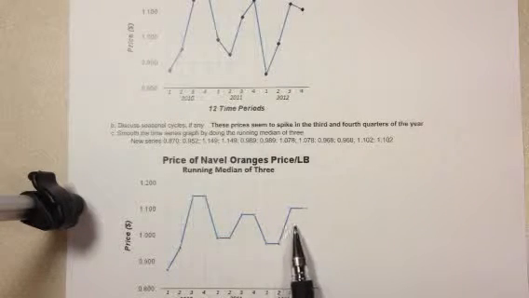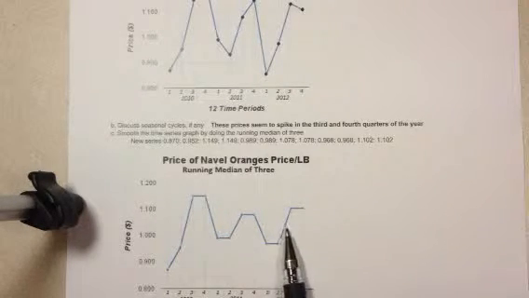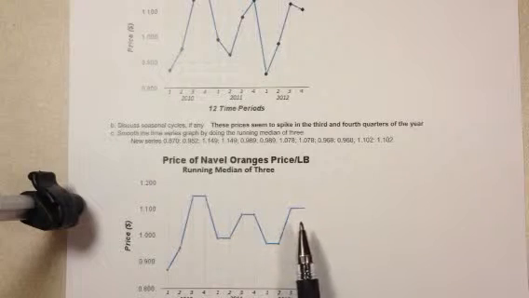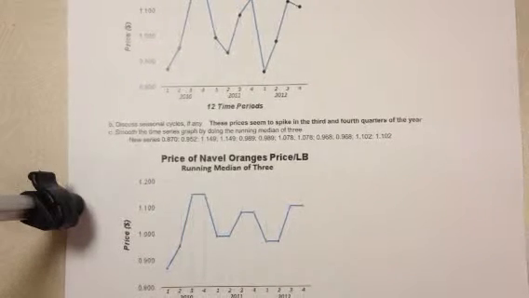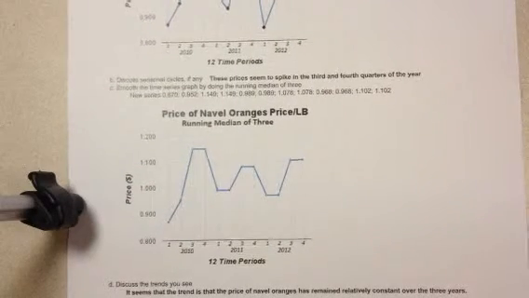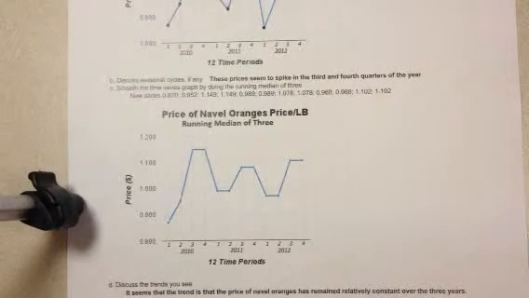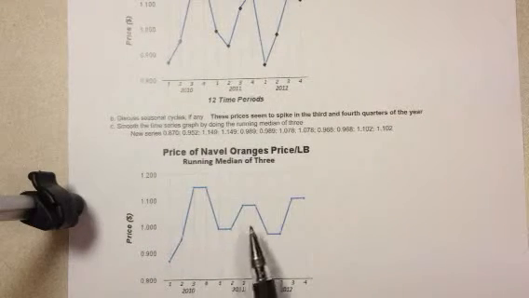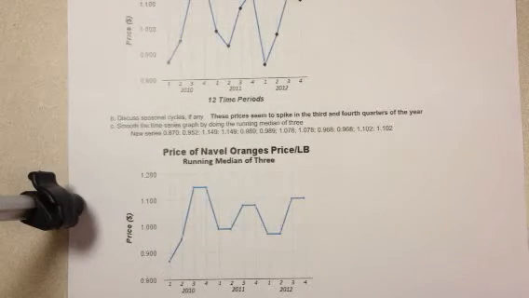There are ups and downs for seasons, but you can say that the price of navel oranges is relatively stable. It's not going up, it's not going down. That would be the result of our discussion of how this smoothing helps us to see the underlying pattern.